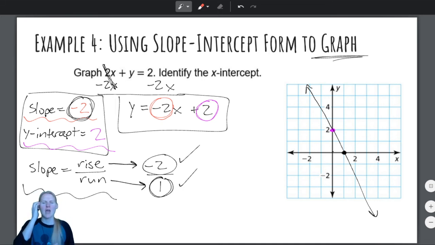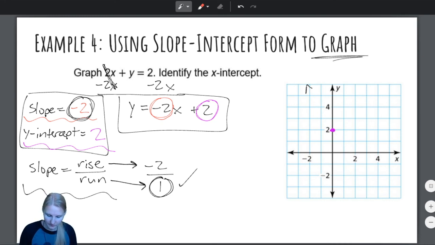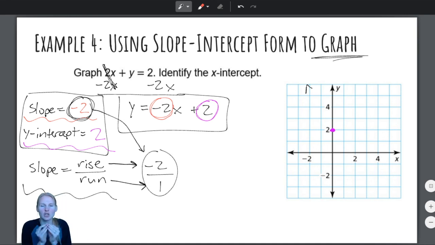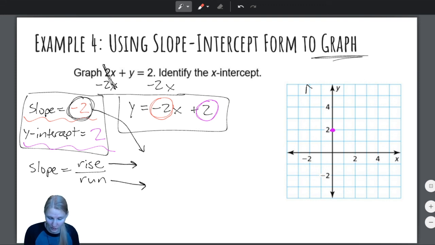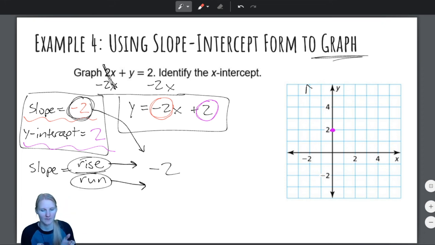So let me do that again, just in case it went a little too fast. We took our slope, -2, and we broke it down into its pieces, right? Slope is equal to rise over run. So because our slope was -2, we needed to find what is the rise, what is the run.